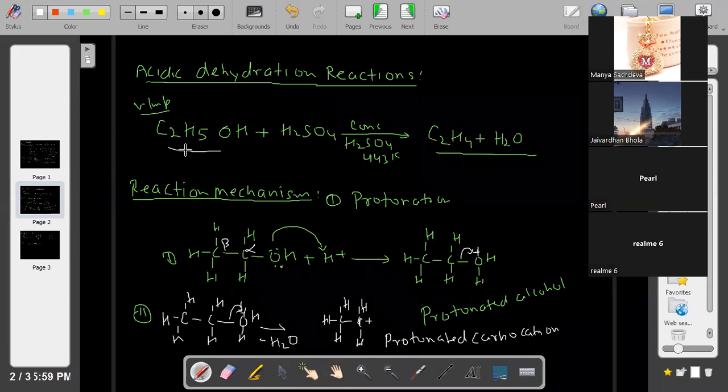This is not a direct reaction with H2SO4; you will get C2H4 and H2O. In the first step, the electrophilic attack gives CH3CH2OH2 plus, with one more proton. After removing one water molecule, the proton is transferred to the carbon chain at the alpha carbon atom.